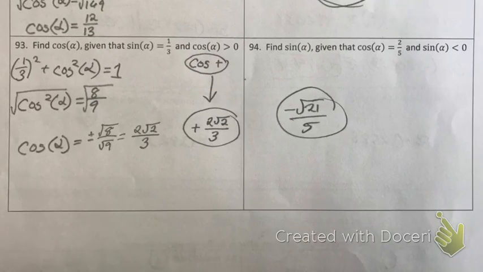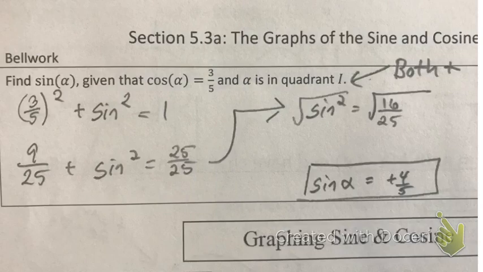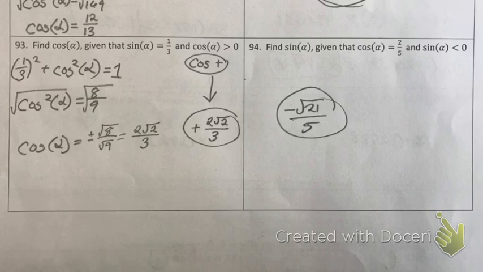So on the work we just had, it says quadrant 1, which tells me both are positive, so my answer is going to be positive. For 93 and 94, they actually made your life easier. They said cosine alpha is bigger than 0. The only reason they put that is so you know cosine is positive. You don't have to worry about looking at quadrants.